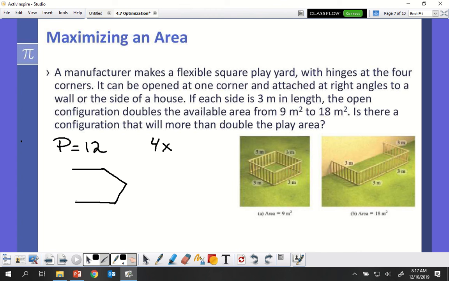Okay. So, if I do that, that means this side over here is my wall. So it's going to be some value there. I could have some value there, but if I close it on all 4 sides, I know I'm going to have this.